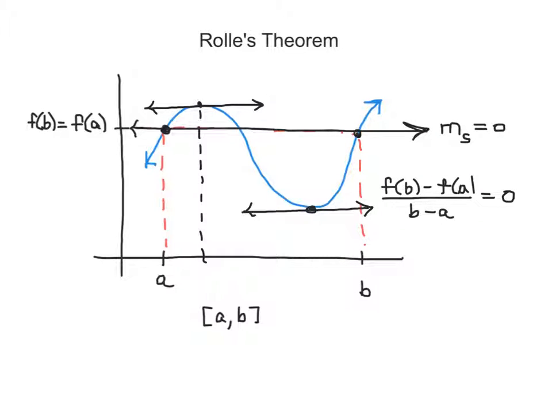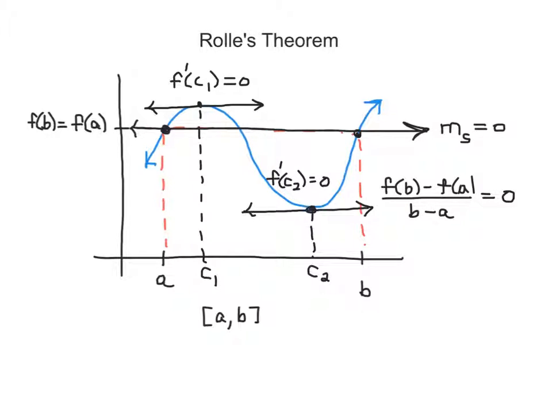And so, in fact, there is more than one c value. Here's c1, and here's a point of tangency at x equals c2, right? And that's to say that f prime at c1 is equal to 0. And here, f prime at c2, we've got two c values, is also equal to 0.